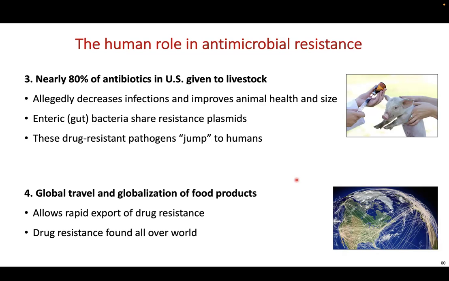So what I mean is that you have a pig, you cure the pig with antibiotics, the gut microbe of the pig develops resistance to the antibiotic, and then you sacrifice the pig and you eat the meat. You end up tossing out all of the intestines and other parts of it.